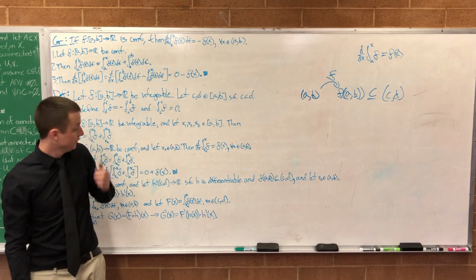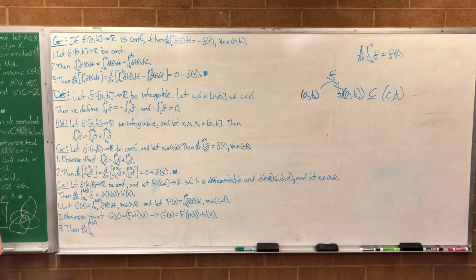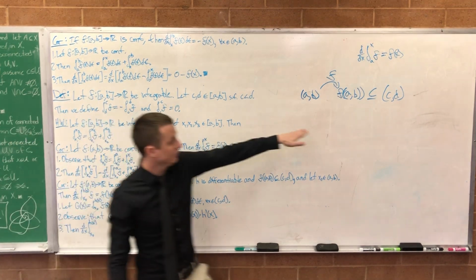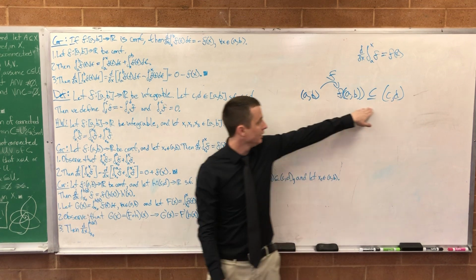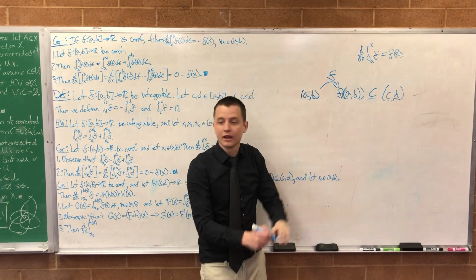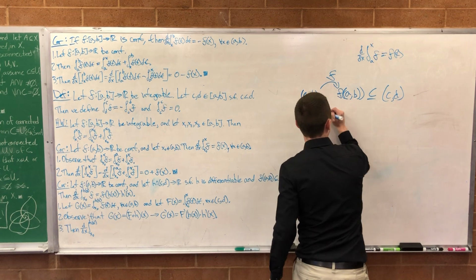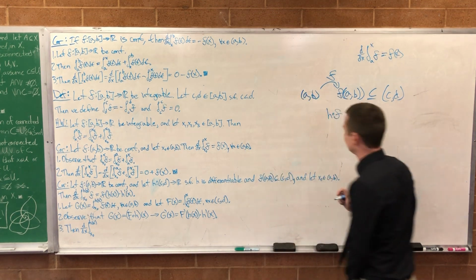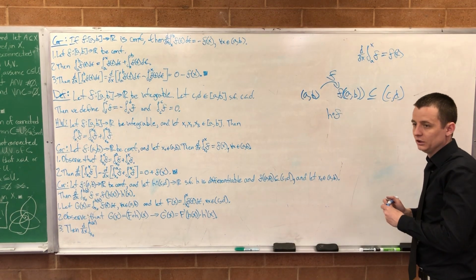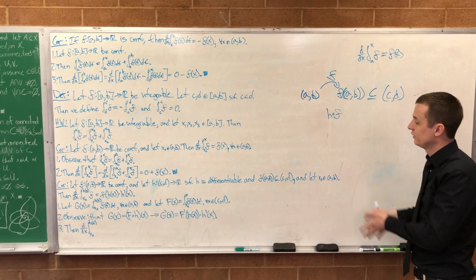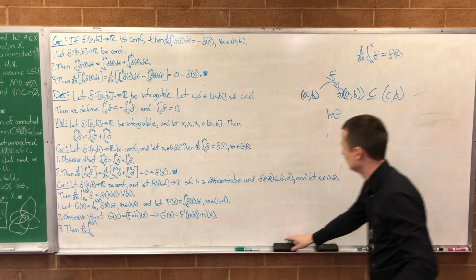So the domain of h contains the image of f. In other words, we're making sure that h composed with f is a function. In short, that's what we're ensuring. Once f spits out something, h can take that thing and use it.